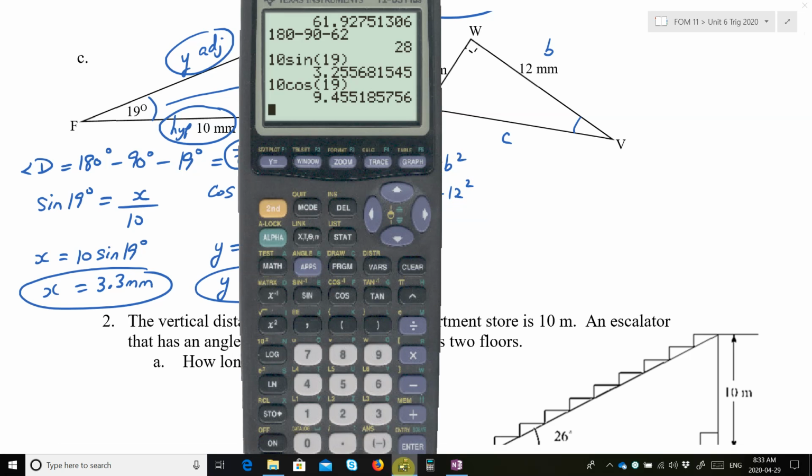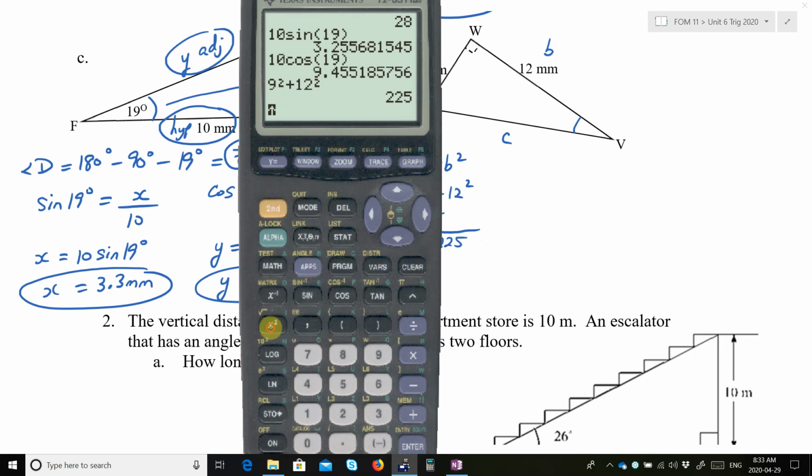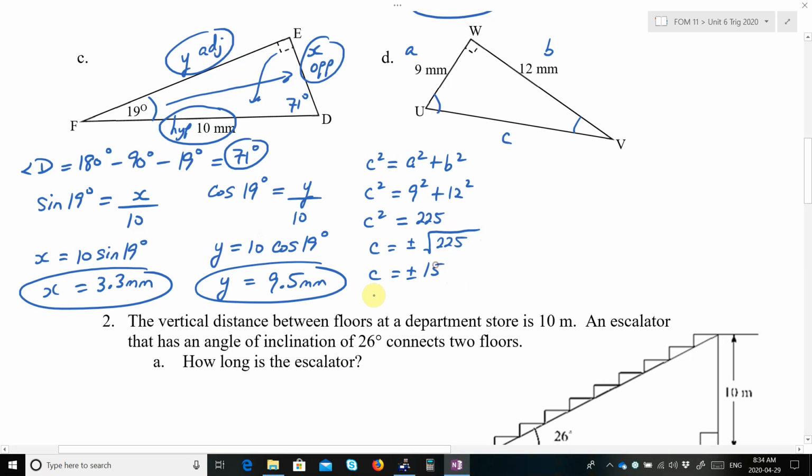So C squared is equal to 9 squared plus 12 squared, which is 225. And so C is equal to plus or minus the square root of 225, so C is plus or minus 15. Since it's a side length, we would just say C is 15 millimeters. Alright, and we found this.